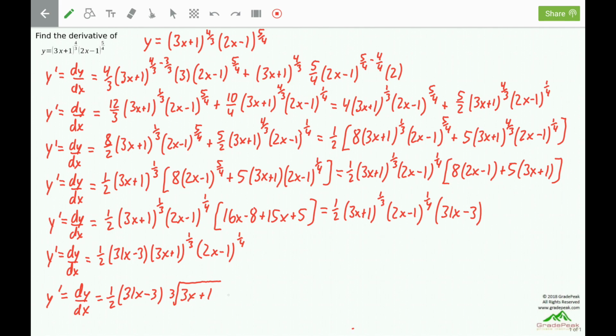And then 1/4 power means to the first power and then fourth root. So fourth root of 2x minus 1. So that's an optional way to write that. And then, of course, having the entire thing over a 2 is another way to write it. We have a 1/2 multiplying everything, so we can just put everything over 2 is yet another way to state this answer. But there's the result for the derivative, y prime or dy dx.